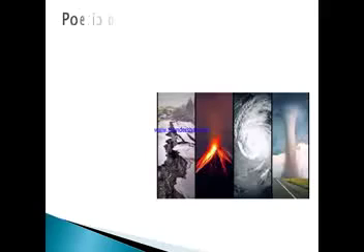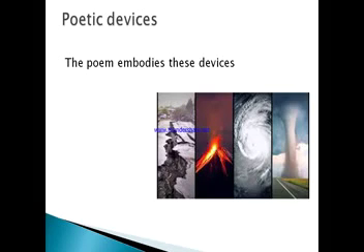Now moving on, let's look at the poetic devices. Of course, we are aware that these are the embellishments a poet uses to add more meaning, more effect, more emphasis to his work. And this poem, oh my goodness, is filled with a whole lot.